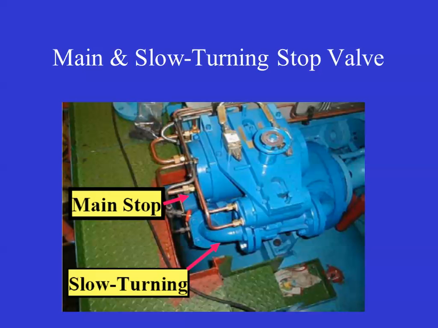Alright, this is off the Burmeister Wain and their main stop and slow turning. One of the things on the safety factor, when this engine is shut down, not only will you be stopping air to the cylinder here, but there are other root valves that are closed. Remember that with any diesel engine, when the engine's shut down, you want to secure the air for safety.